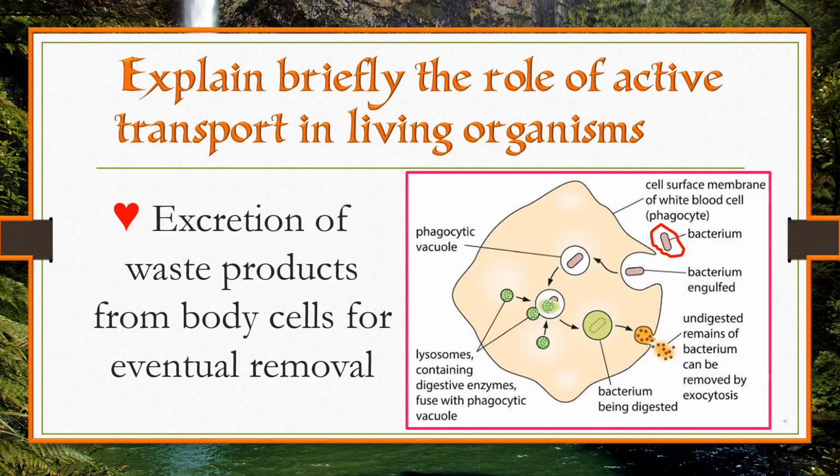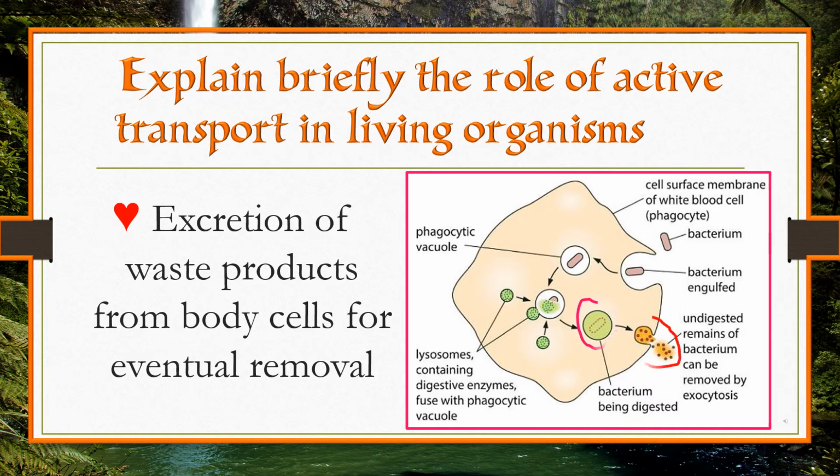Now, we have our cell here. It recognizes the bacteria. Then it engulfs the bacteria. It forms a phagocytic vacuole. This phagocytic vacuole is encountered by the lysosome containing the digestive enzyme, which fuses with the phagocytic vacuole, and the bacteria is digested.